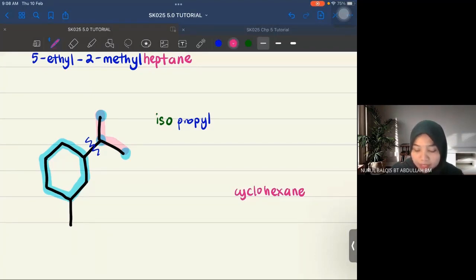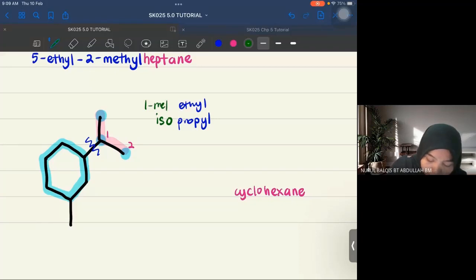The numbering will start from here, 1, 2. So 1, 2 makes up the ethyl. At carbon number 1 we have methyl. So that's why the name is going to be 1-methylethyl. Okay, that is for IUPAC.